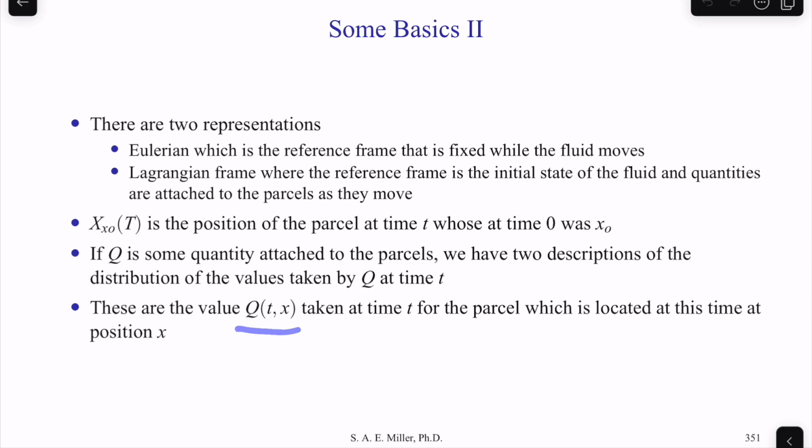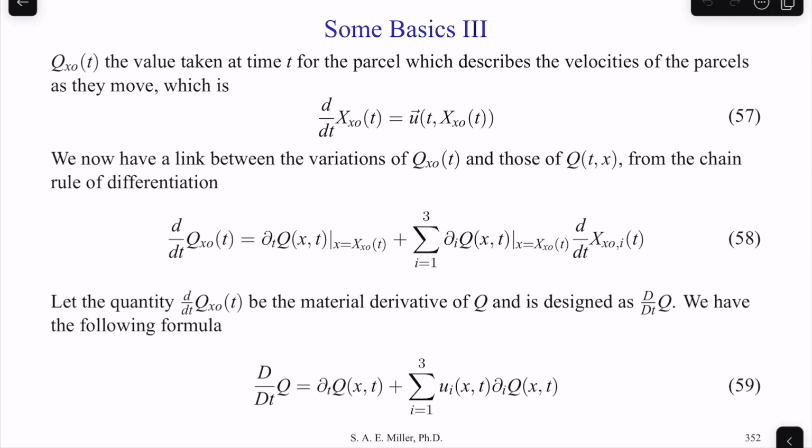So Q is a function of space x and time t. Now Q of x naught and t is the value of Q, whatever it is, the value or property of the fluid in the fluid parcel, according to our earlier definition. And it might have a particular velocity.